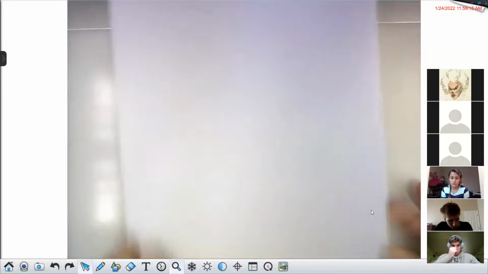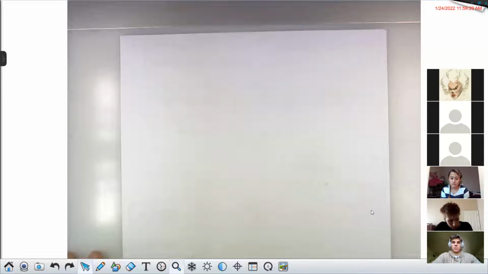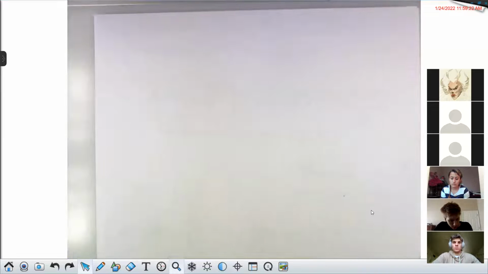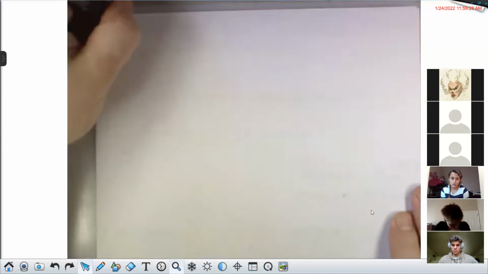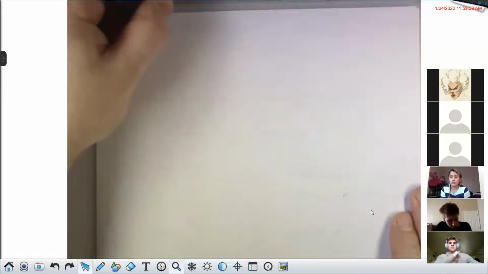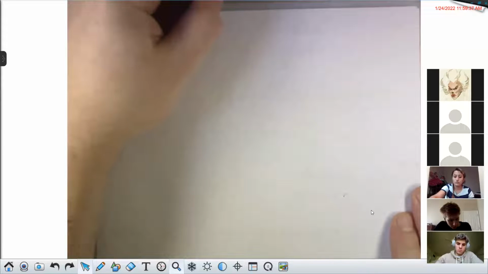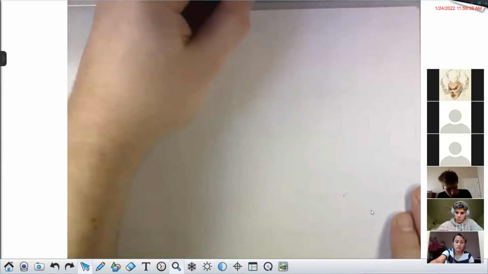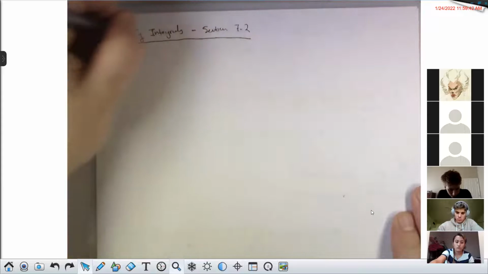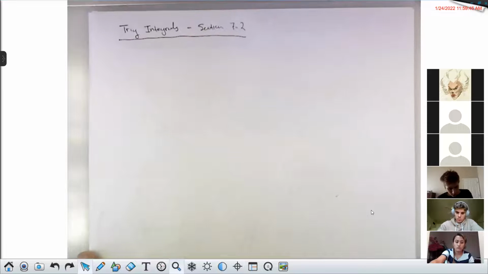The other place looping integrals show up is in section 7.2, and one very, very special case. Before we get to that, I want to just introduce section 7.2. Here, we're going to attack kind of two families of integrals.